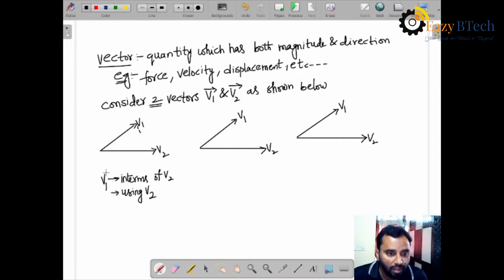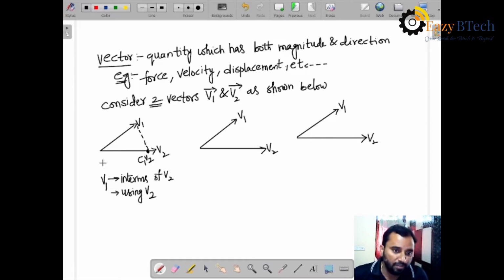Why do I want to write V1 in terms of V2? That is why I am taking a line from the end of V1 to V2. This is one possibility. This point I am taking as C1 V2.